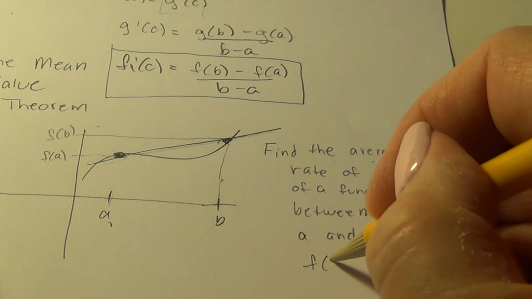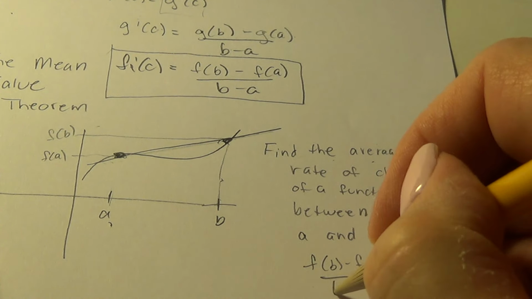So it would be f of b minus f of a over b minus a.